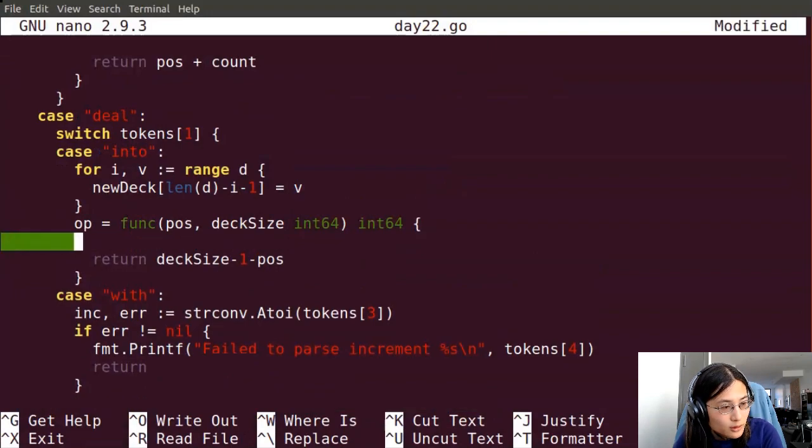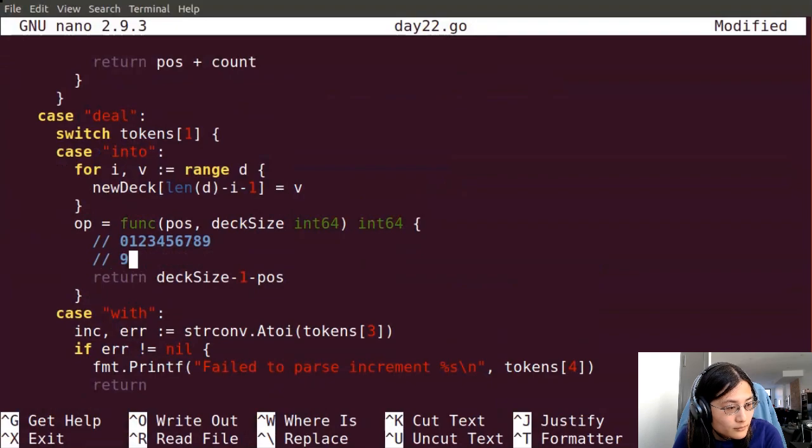Let's just check it. Yep. So the item in position 9, deck size is 10. So deck size of 10 minus 1 is 9. Minus position 9 puts me to 0. For here in position 3, deck size is 10. 10 minus 1 is 9. Minus 3 is 6. Yep, that's correct. Okay, that's fine.